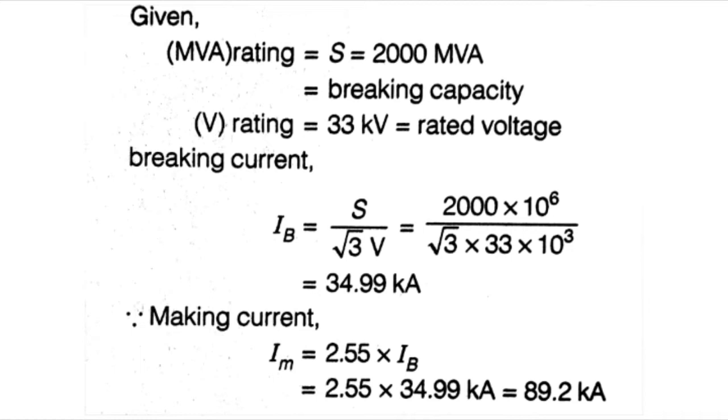So making current is equal to 2.55 into breaking current. Here we will get the making current 89.2 kiloampere. So the answer will be option D, 89 kiloampere. Okay. If you remember that formula, you can solve the question.